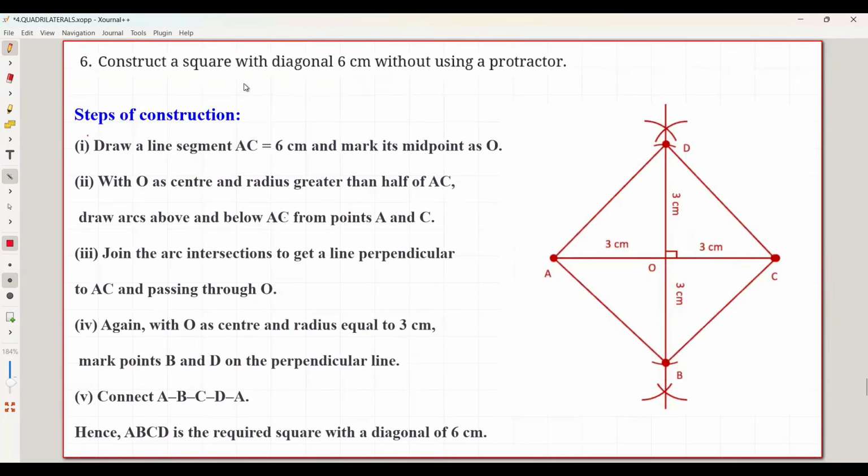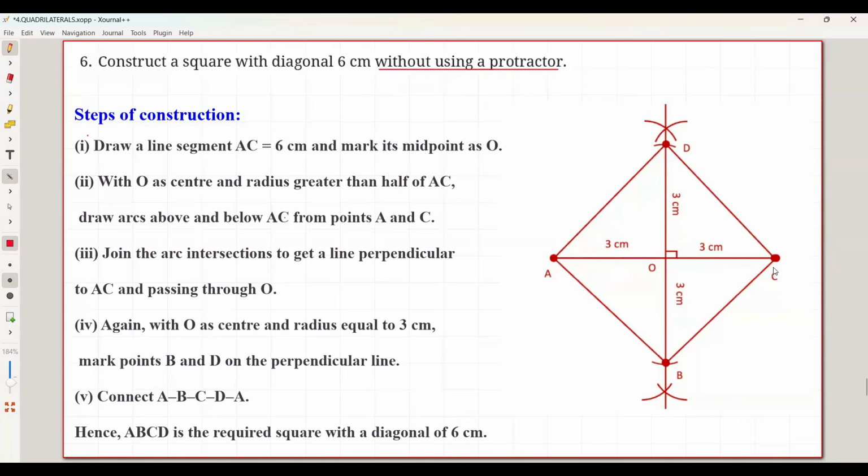Now, construct a square with diagonal 6 centimeters without using a protractor. Here they mention without using a protractor, that means for constructing 90 degrees we should not use the protractor. In this case you have to use only the compass. The diagonals are given. In a square, diagonals are of equal length.